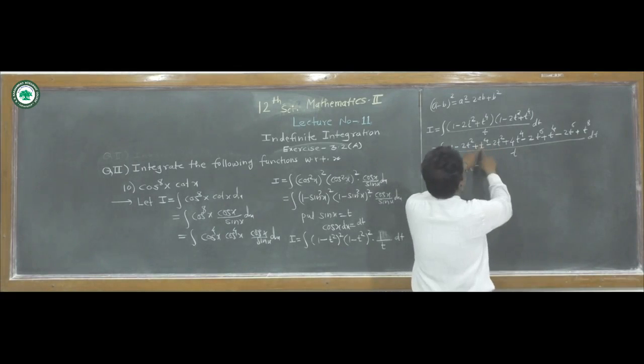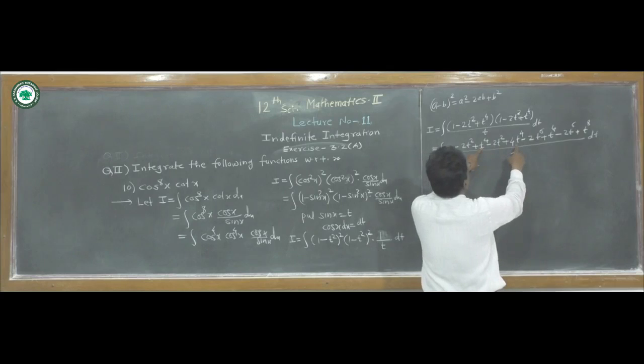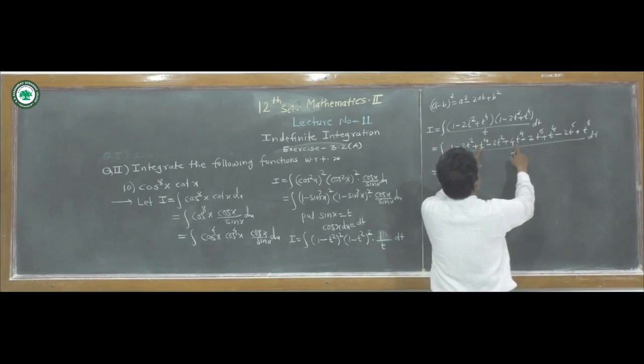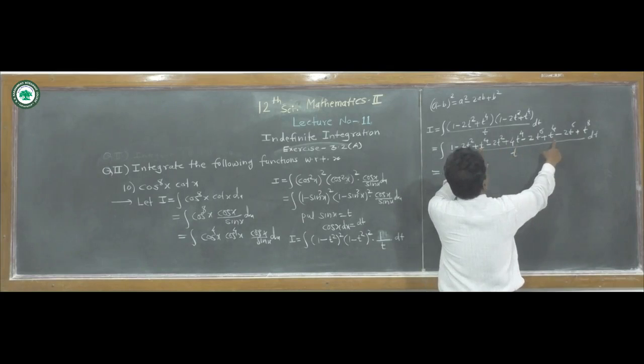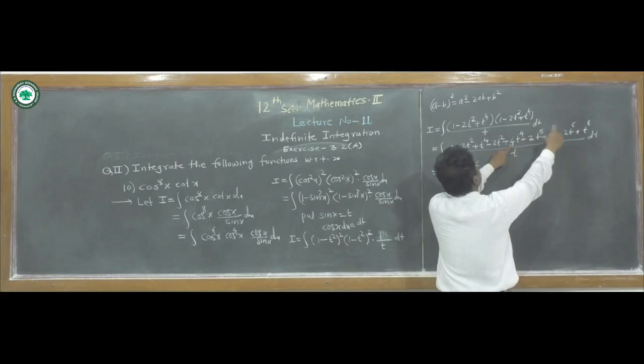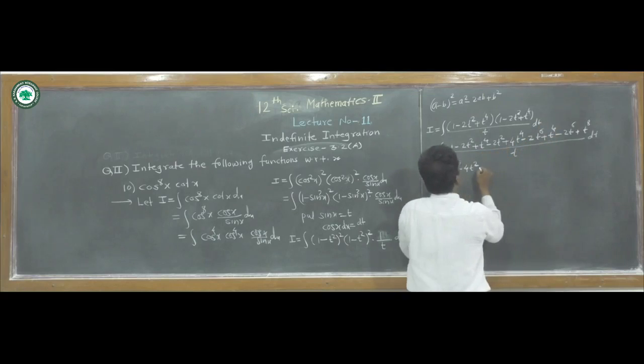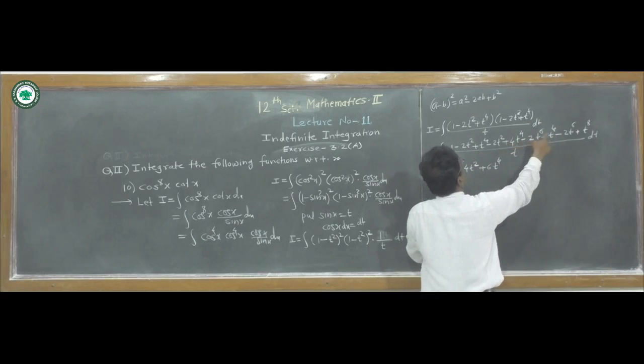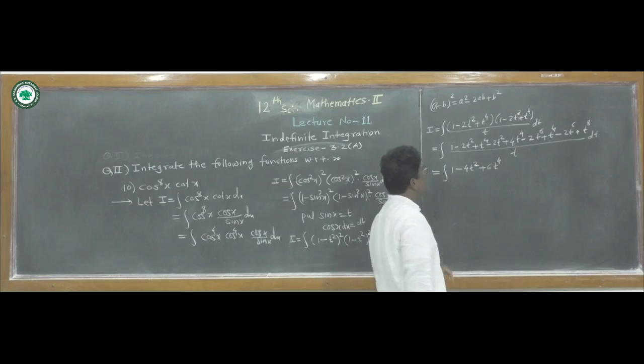Now this t to the power 4, this 4t to the power 4, and again here t to the power 4. There are three terms of t to the power 4: t to the power 4 plus 4t to the power 4 plus t to the power 4. So it is plus 6t to the power 4. 1 plus 4 plus 1, that is 6t to the power 4.